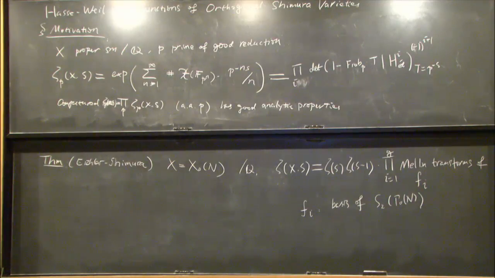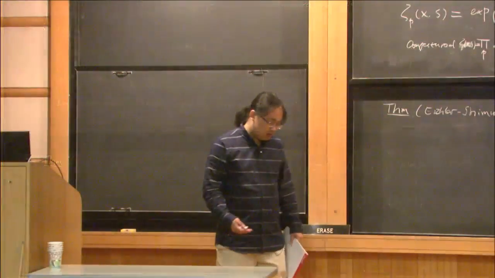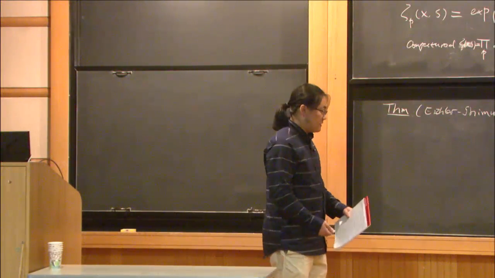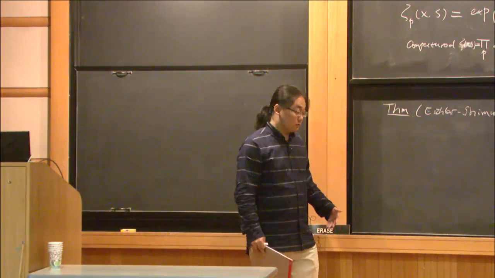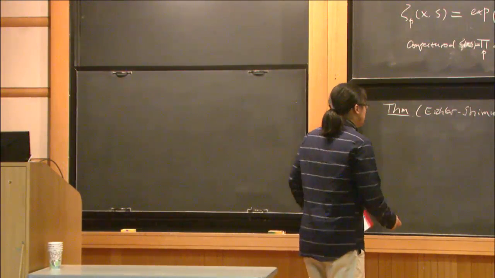So this theorem says that if your variety is a modular curve, then we know that its Hasse-Weil zeta function is equal to a product of automorphic L-functions. And for automorphic L-functions, it is more plausible that you could possibly try to prove good analytic properties of them.